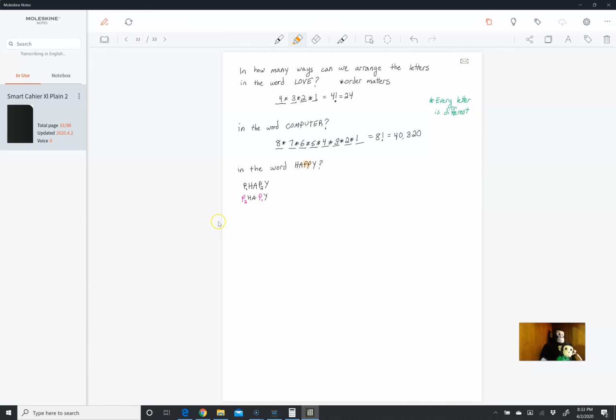But they're actually the same. These P's aren't different. These two are the same permutation. There really is no difference between the P's.